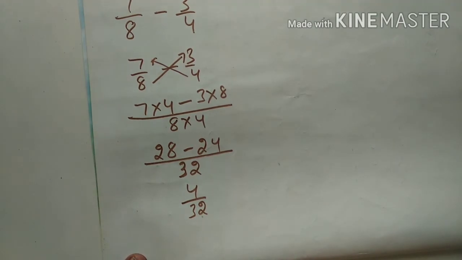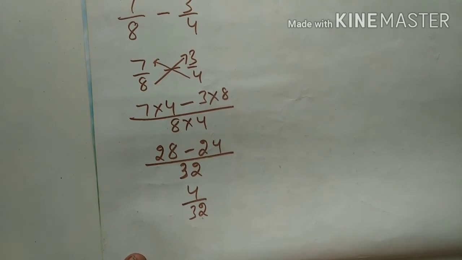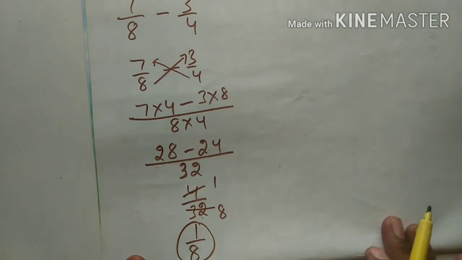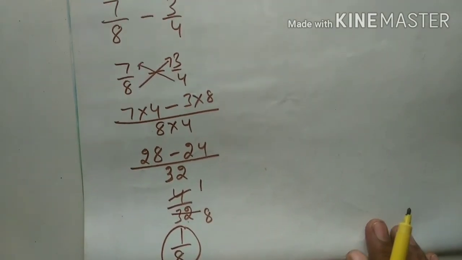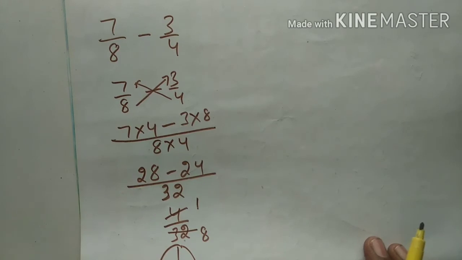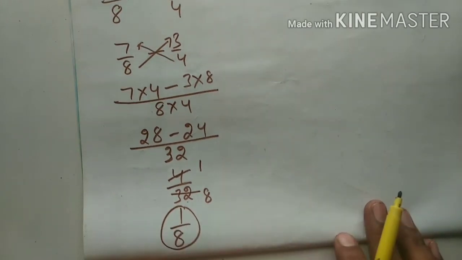Now count the table of 4. 4 ones are 4, 4 twos are 8, 4 threes are 12, 4 fours are 16, 4 fives are 20, 4 sixes are 24, 4 sevens are 28, 4 eights are 32. So 4 ones are 4 and 4 eights are 32. So the answer is 1 by 8. Now this was the first method. By using cross multiplication, we reach the answer 1 by 8.